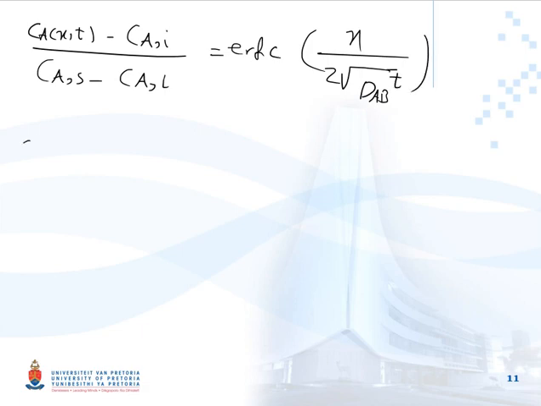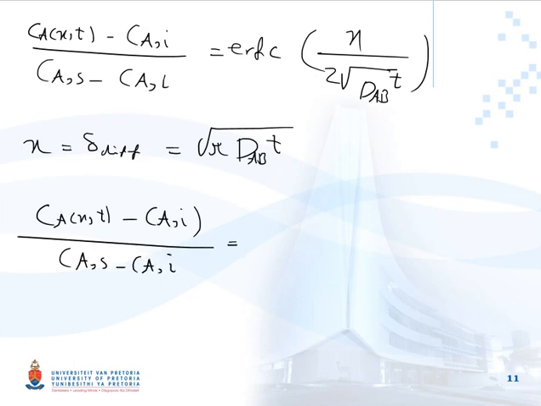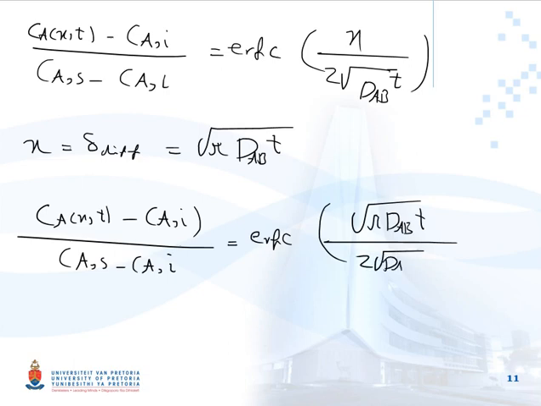We also said that we wanted first at x, which is equal to the penetration depth, which we said is equal to pi radical DABT. Okay, so we just put it there. So (CA(x,t) minus CAI) divided by (CAS minus CAI) will be equal to erfc of pi radical DABT divided by 2 radical DABT.